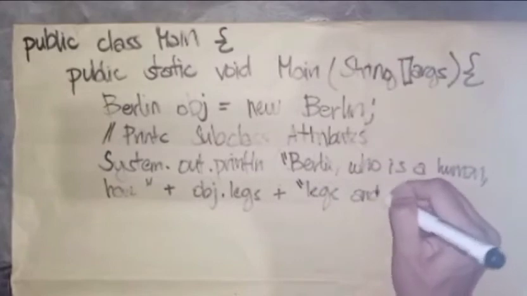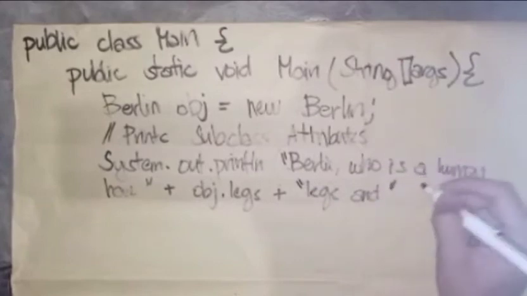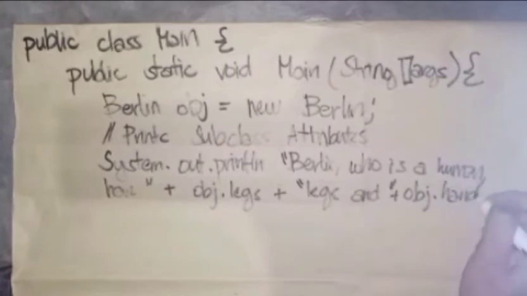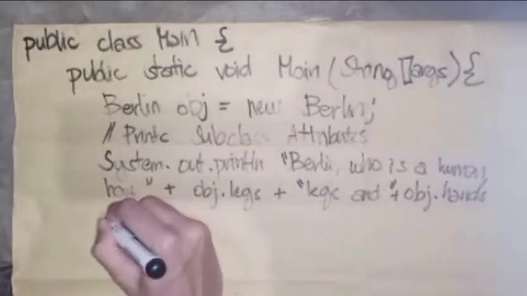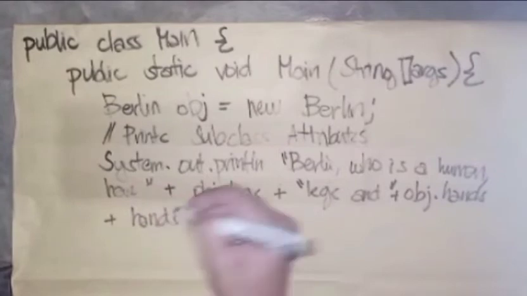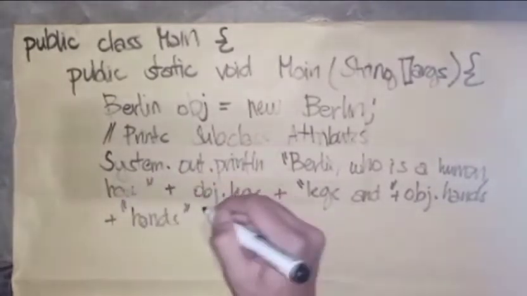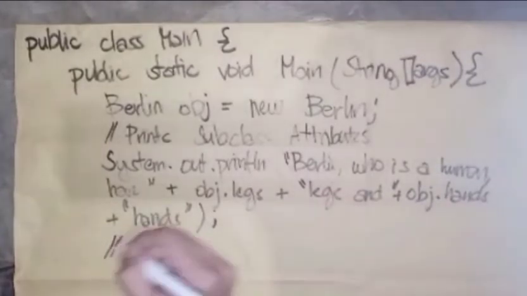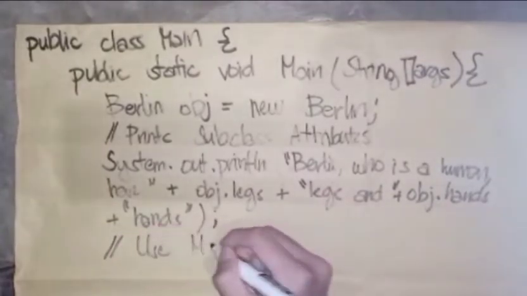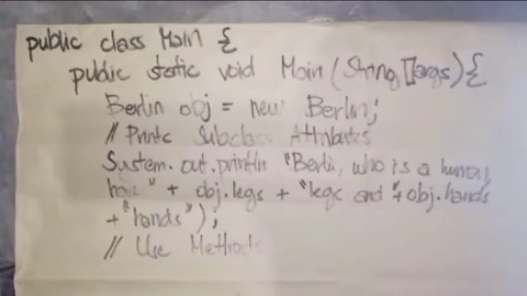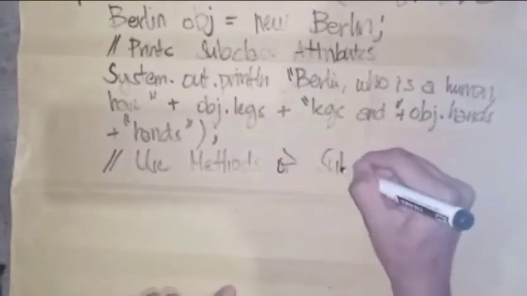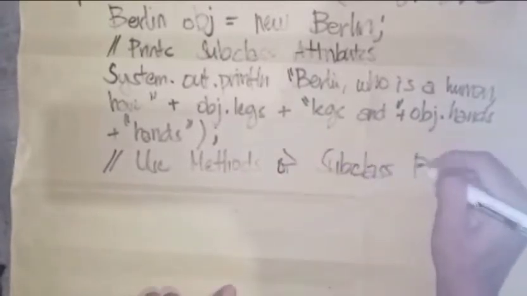So we have here a string saying Berlin, who is a human, has, and then we concatenated this with the attribute of the object obj, which is obj.legs, and then concatenated it with another string saying legs and, and then concatenated it with the attribute hands of object obj, and then concatenated another string saying hands.